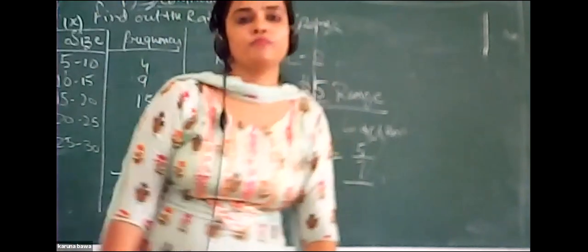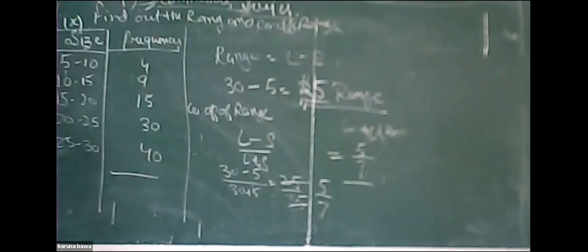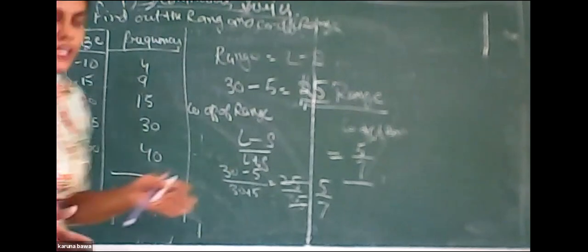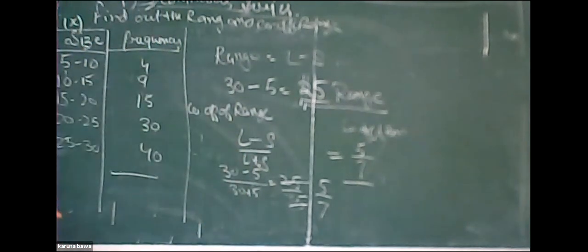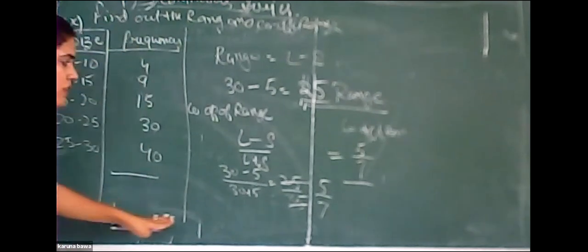Now basically, in the individual series, discrete series and continuous series related to the range: first of all, in the individual series, we find out the individual values. On the other hand, in the discrete series, we find out the x value and frequency. In the third series, the continuous series, we find out the class interval denoted with the x value, and frequency.